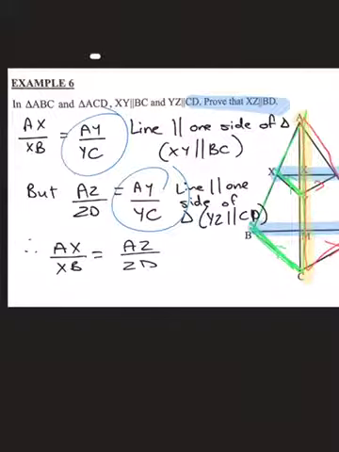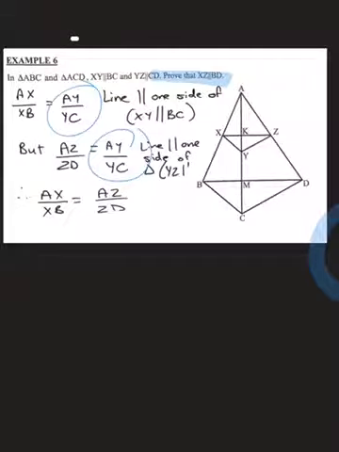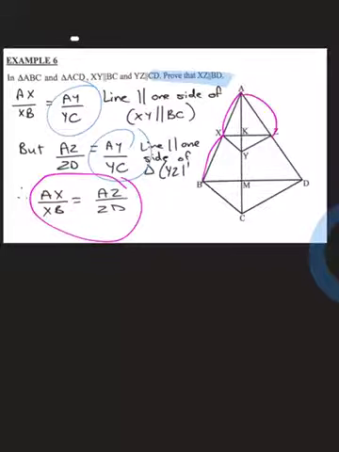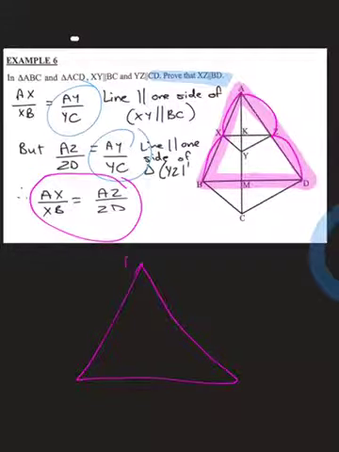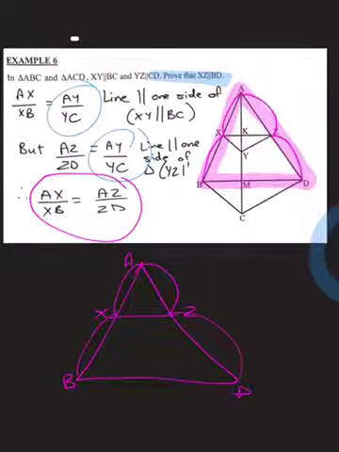And so now going back to our picture, we can see that. So I'm just going to now highlight or look at these sides. So AX to XB, AZ to ZD. And if we highlight this where they're working, it's in a triangle that is A, B, D, and then X and Z. Now we know that side is in the same proportion to the other side, which means that these two must be parallel using this converse.